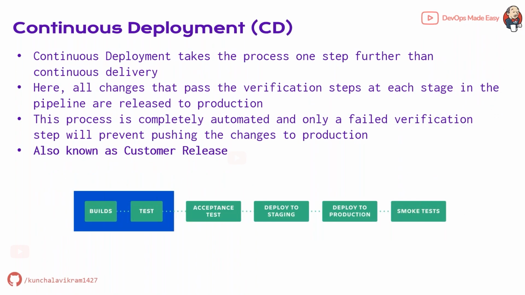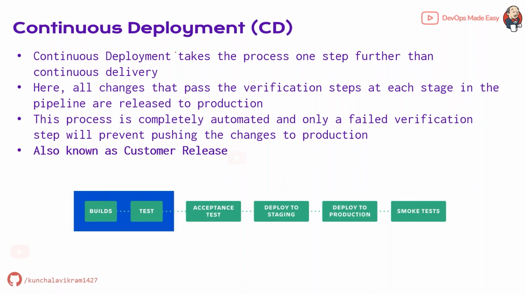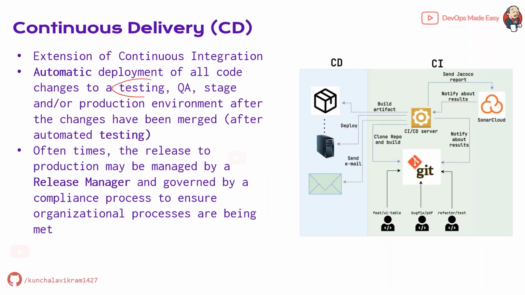Continuous deployment is one step further than continuous delivery. Here all the changes that pass the verification steps are released to production automatically. This process is completely automated. This is also known as customer release. Delivery means you're delivering it to various environments like testing, QA, staging, or production.